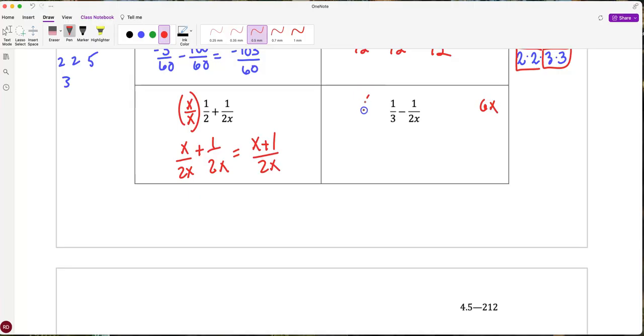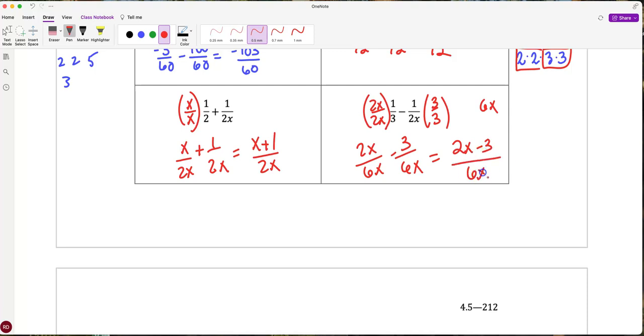So if I multiply this one by 2x over 2x, and here by 3 over 3, I get 2x over 6x minus 3 over 6x, which is 2x minus 3 over 6x.